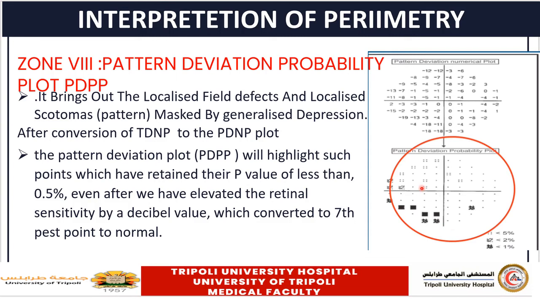So when you find this finding, after the correction and removing the best 7th point as explained earlier, this is a real scotoma and a real depression in retinal sensitivity. It is not masked by generalized depression due to cataract or small pupil or any other thing. So this is the pattern deviation probability plot.